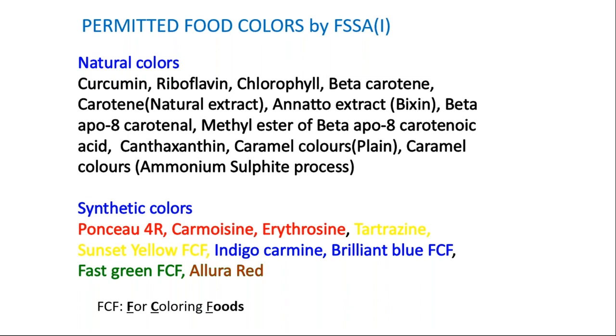And then you have the synthetic colors: Ponceau, carmoisine, erythrosine, tartrazine, sunset yellow FCF, indigo carmine, brilliant blue FCF, and fast green FCF. What does FCF stand for in these names? These particular colors are for coloring foods only.